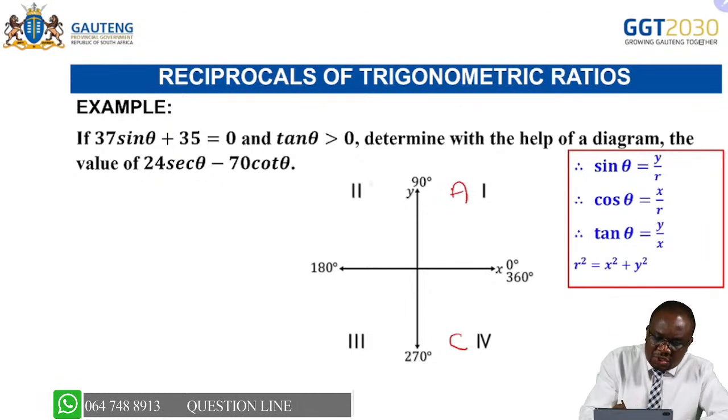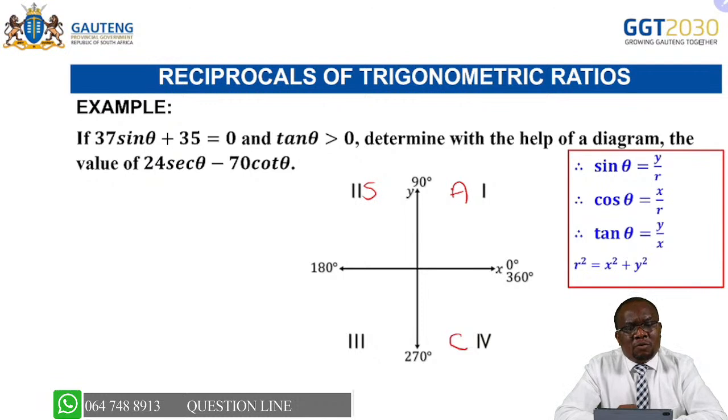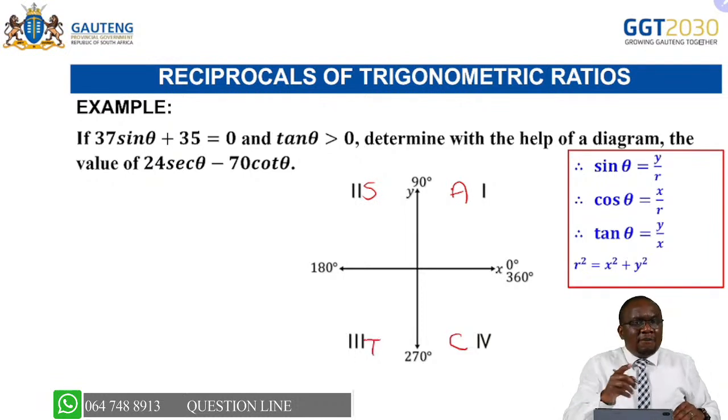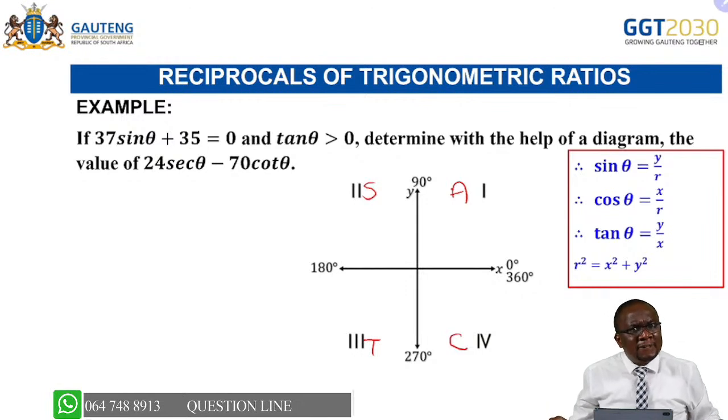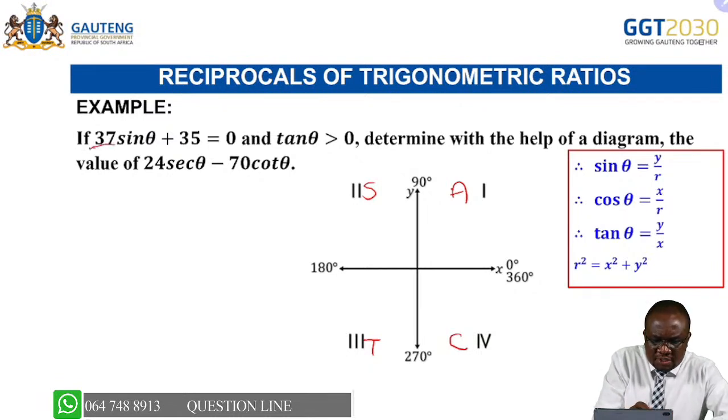In quadrant 2, it is only sin theta which is positive. And in quadrant 3, it is only tan theta which is positive. We have our CAST diagram. Do you remember that? And then we did an activity where we were identifying the quadrant. Now we're going to have our two conditions.